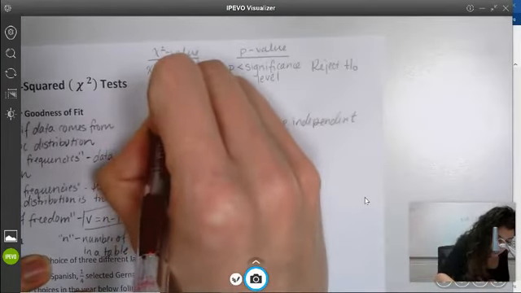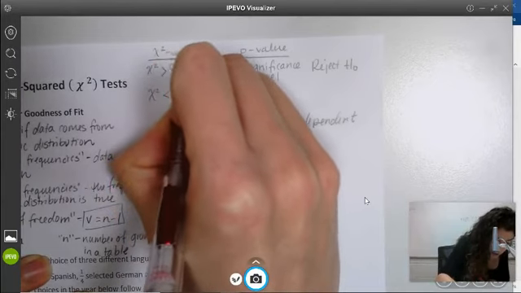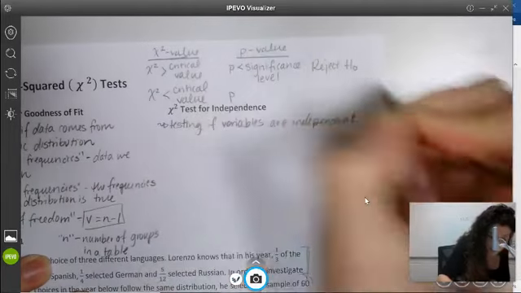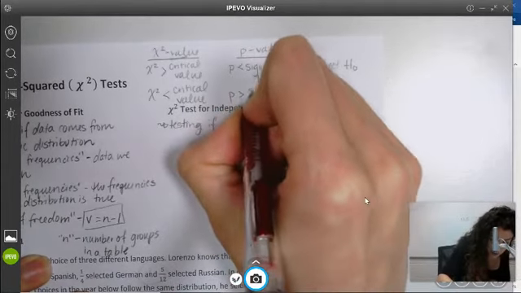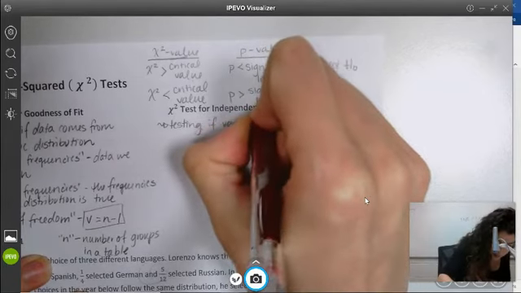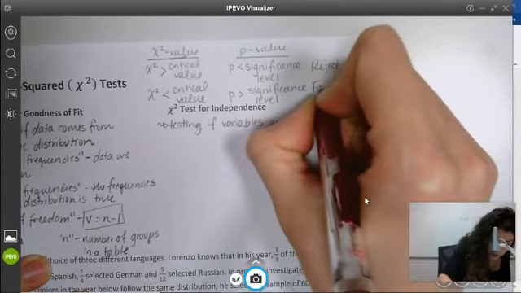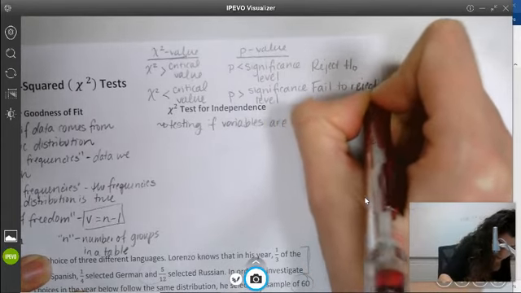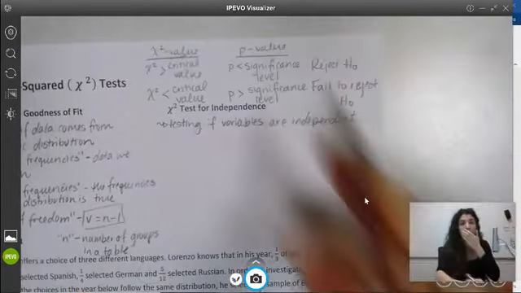If you have a chi-squared value that is less than your critical value, or if your p-value is greater than your significance level, then we would fail to reject the null hypothesis.